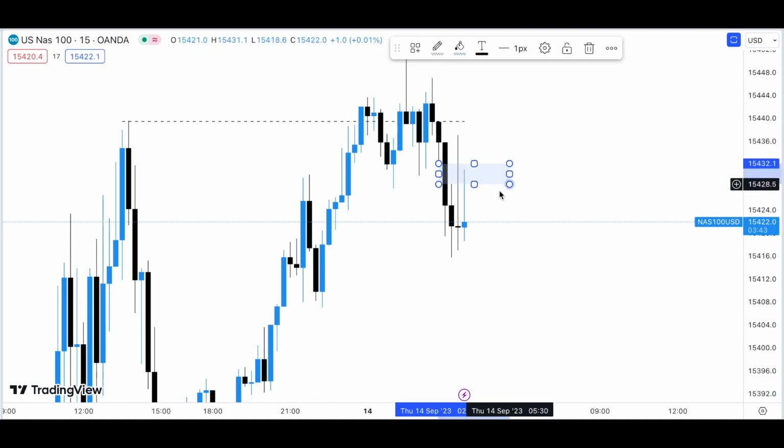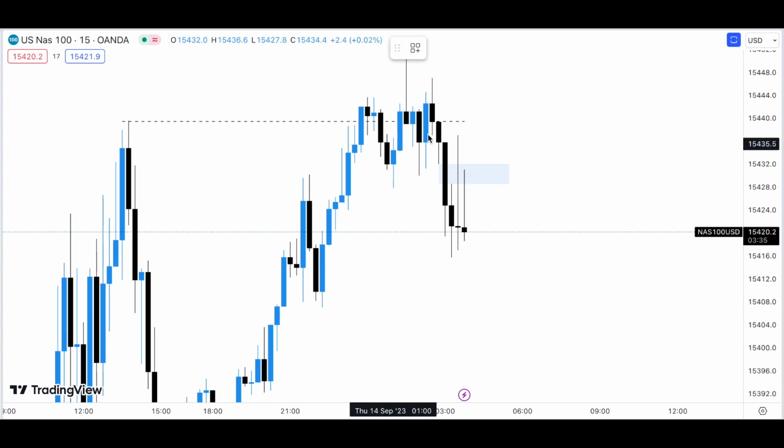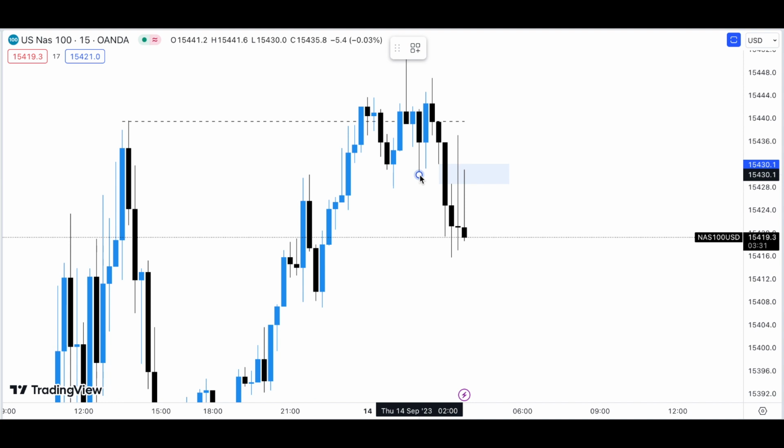The price tried to reach out for it, which it successfully did and rejected off. So there was a structural market shift down at this point to begin with.